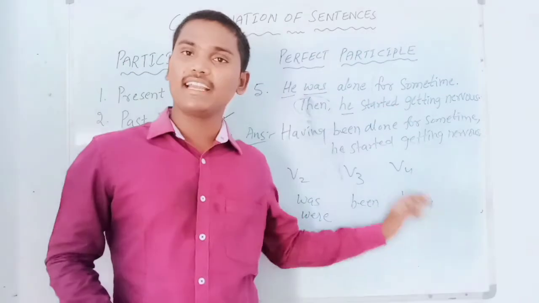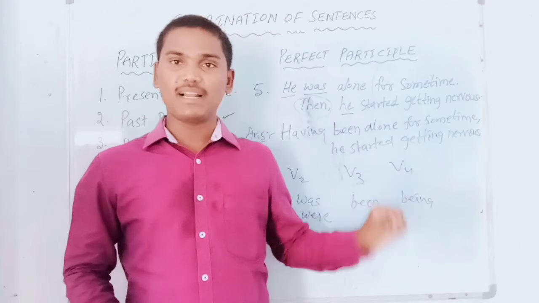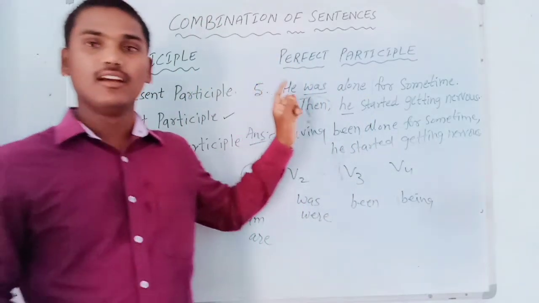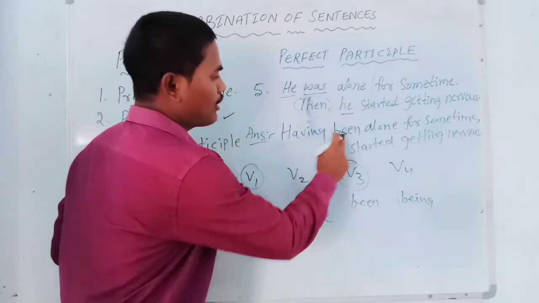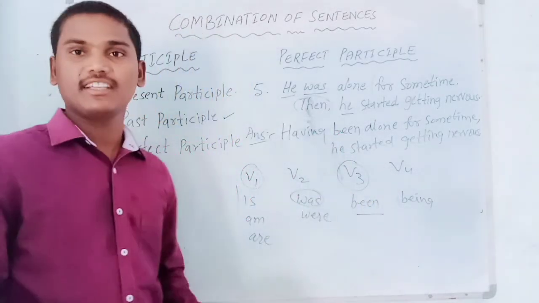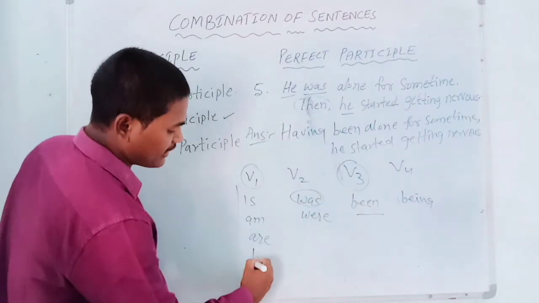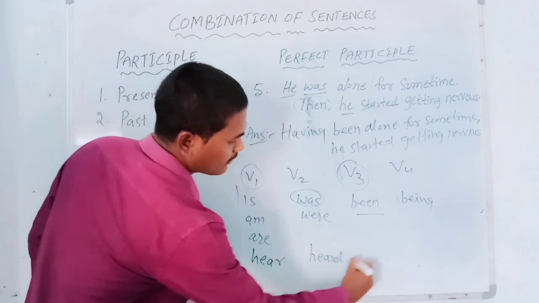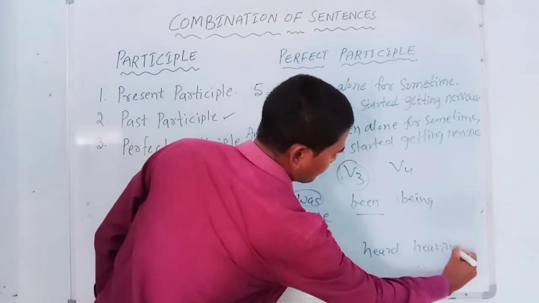Students, we use being in a present participle. Now we are discussing and explaining perfect participle. That's why we need to choose definitely the V3 form. Having plus V3. So what is the V3 of was? So been.